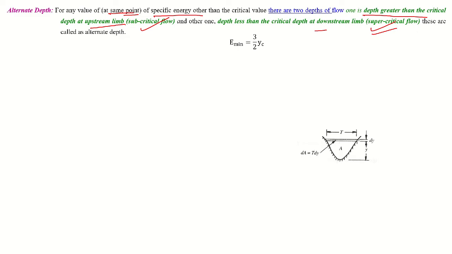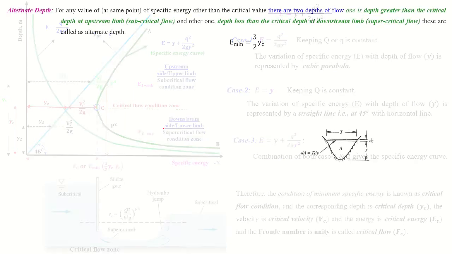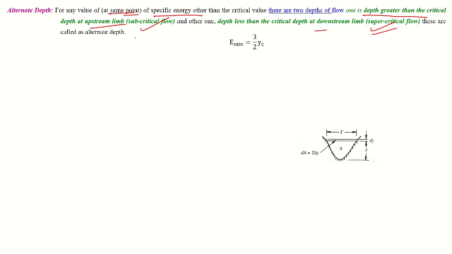These are called your alternative depths. The depth above the critical depth is the upper limb, and the depth below the critical depth is the supercritical flow, that is called the lower limb. So these are the 2 depths that form for the same specific energy.